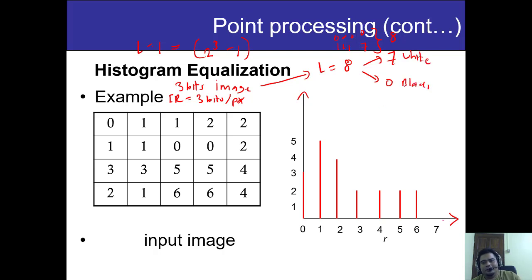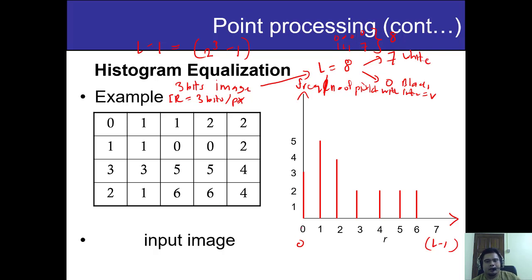If you want to plot the histogram, this is your r, from 0 to L minus 1, which is 7. And this is the frequency, or the number of pixels with intensity equal to r.